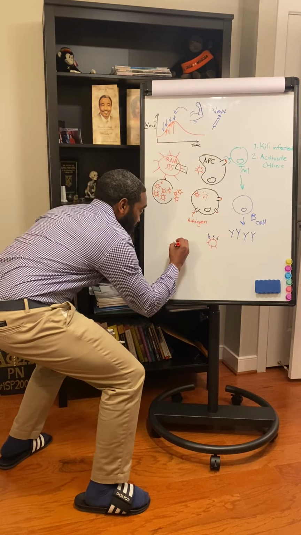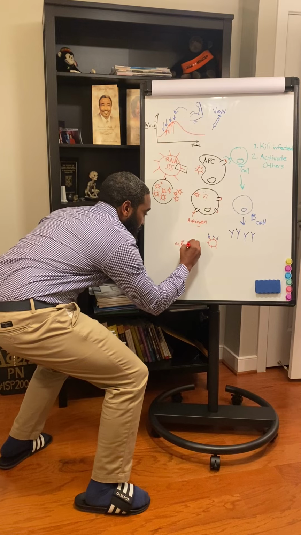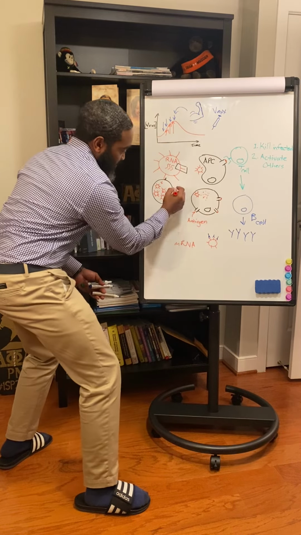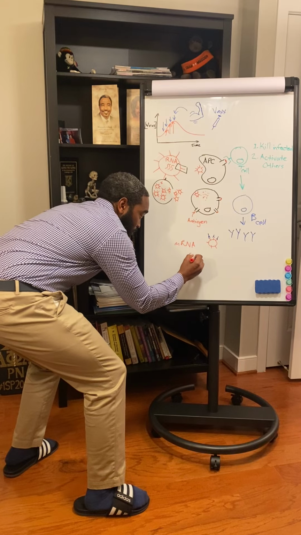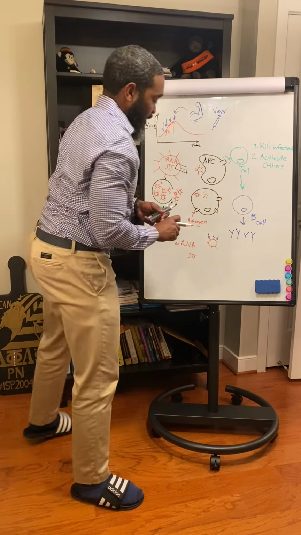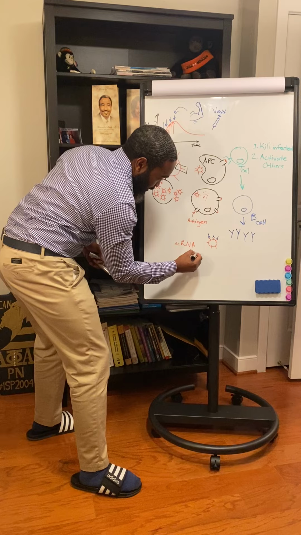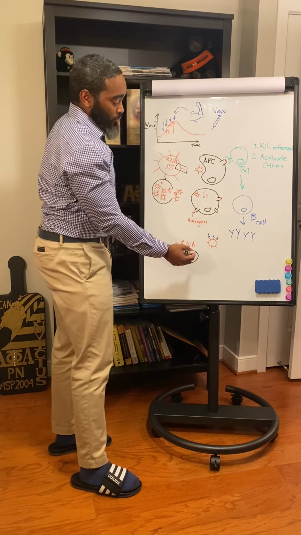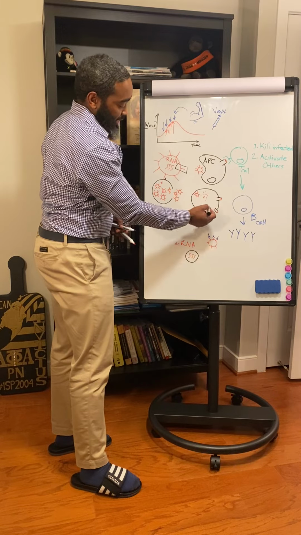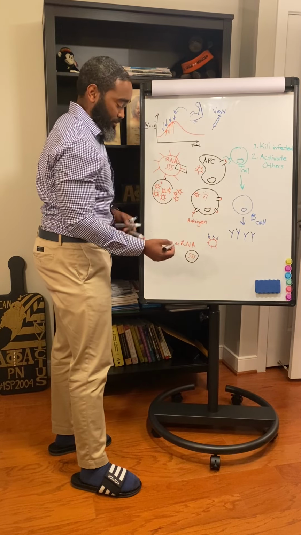So we've made mRNA that are specific to the spike protein, and we take these small instructions here, and then we put it into a packaging system to allow it to move around your body and also be taken up by the APC.